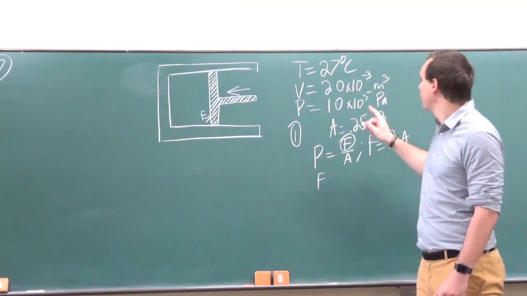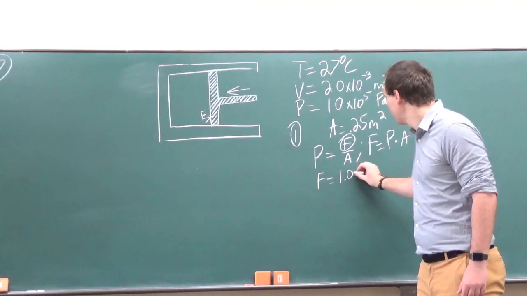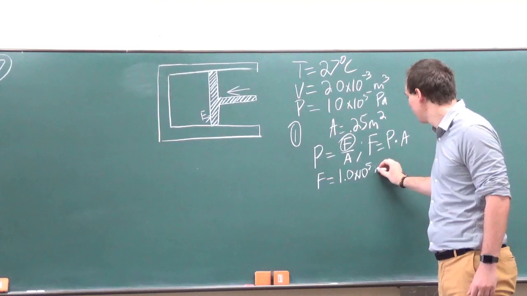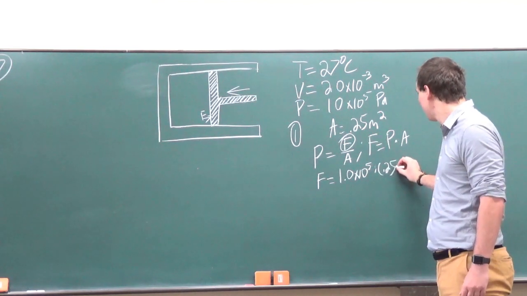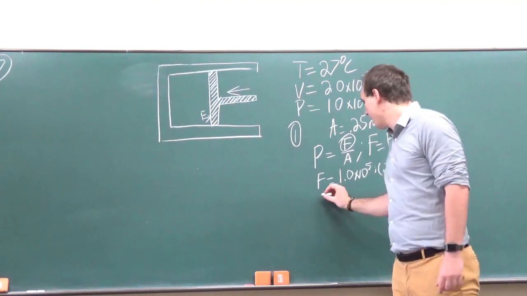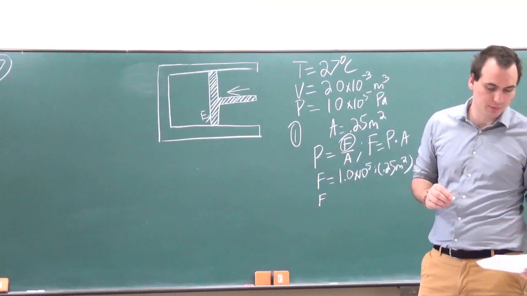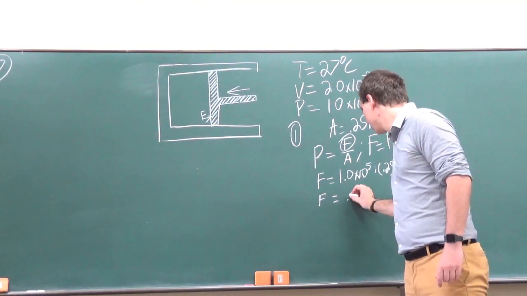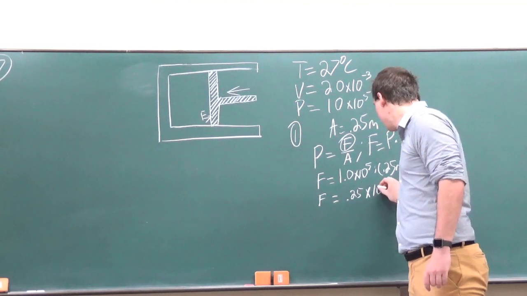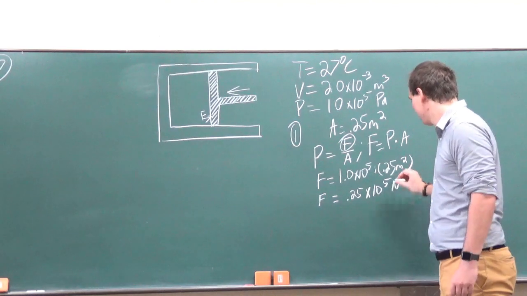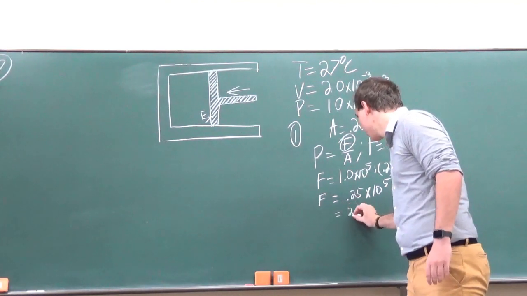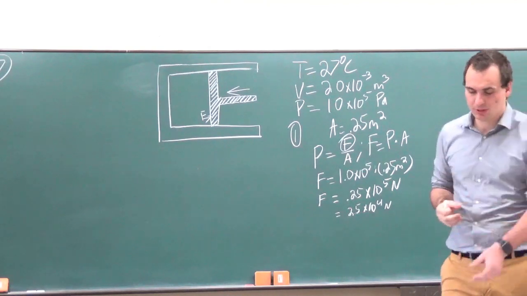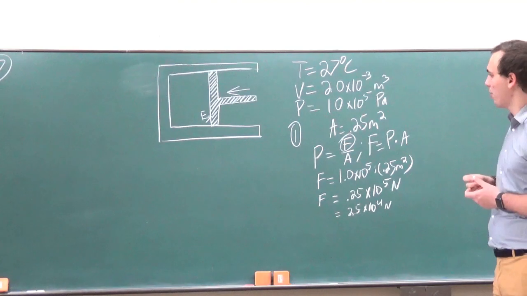Therefore, force equals our pressure times our area, and that gives us our final force of, let me check my notes, that's right, 0.25 times 10 to the fifth newtons, which can be rewritten as 2.5 times 10 to the fourth newtons. That's problem number 1.